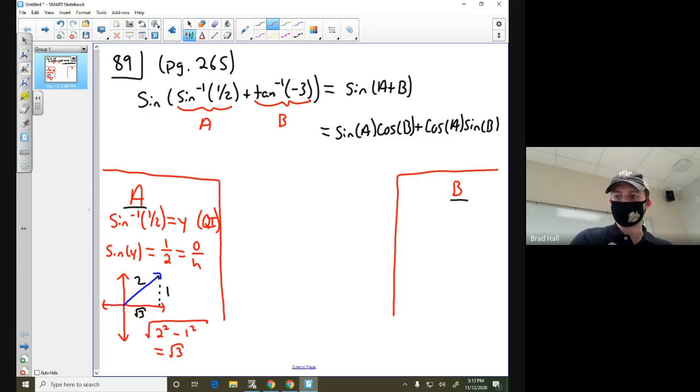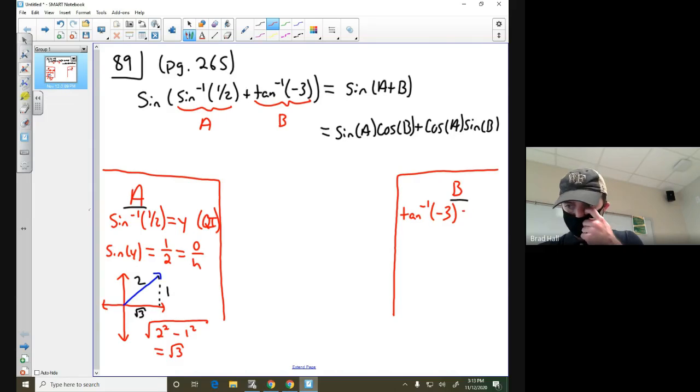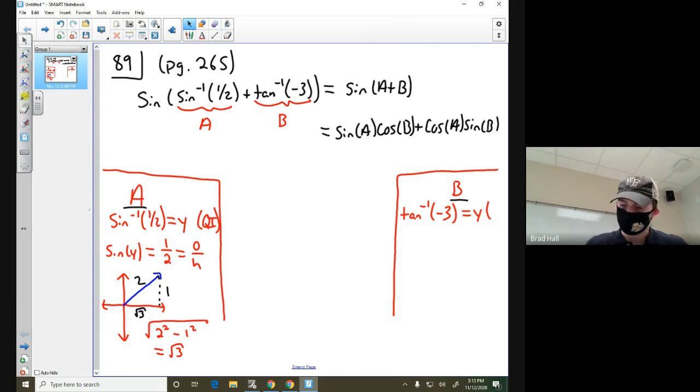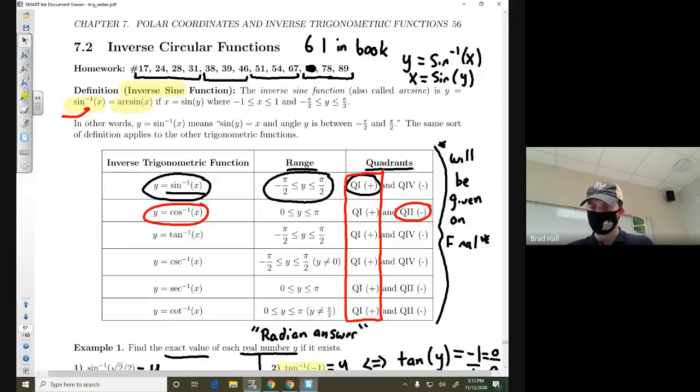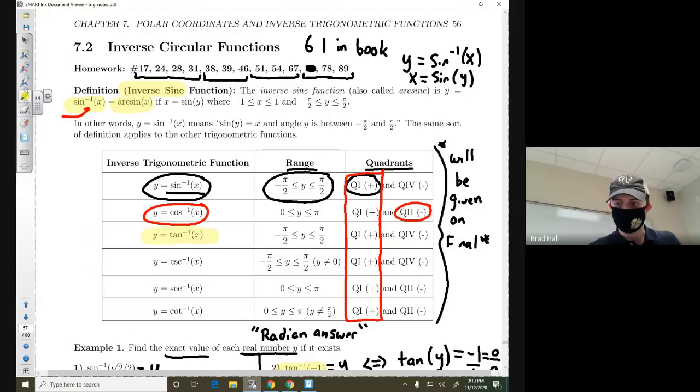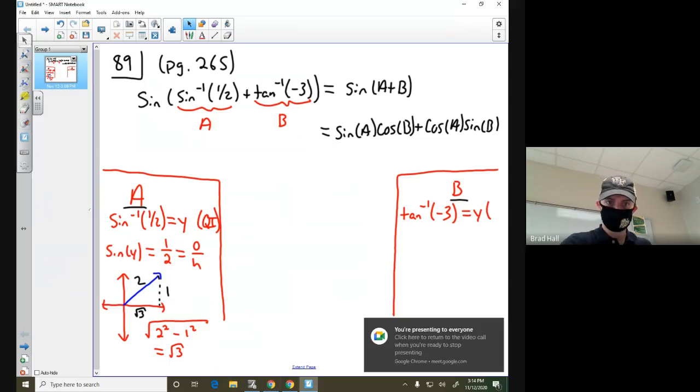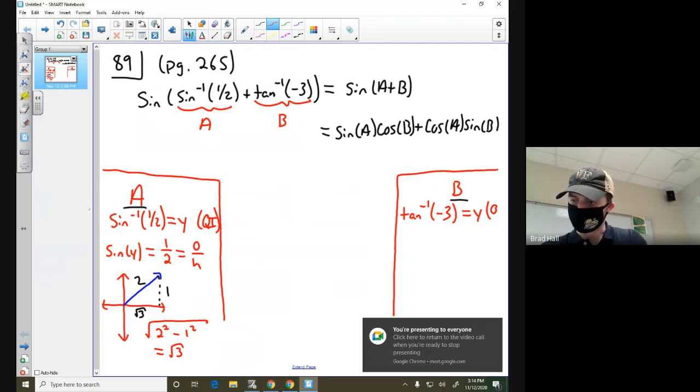And we can do something very similar for angle B, because now we filled in all the dimensions of the A angle. B angle, we can do the same exact thing. B says that tangent inverse of -3, we'll set that equal to y. When is tan inverse negative? What quadrant does that put us in? Tan inverse is negative in quadrant 4, according to the table. Quadrant 4.